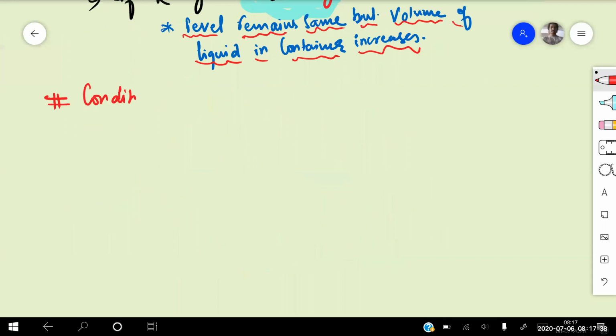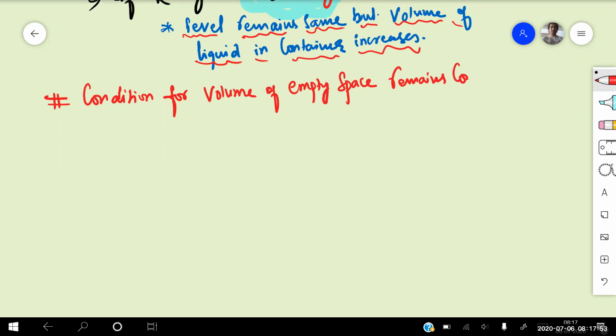Condition for volume of empty space remains constant at all temperatures.